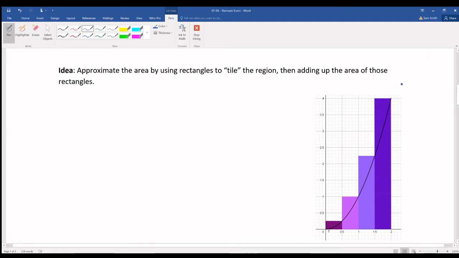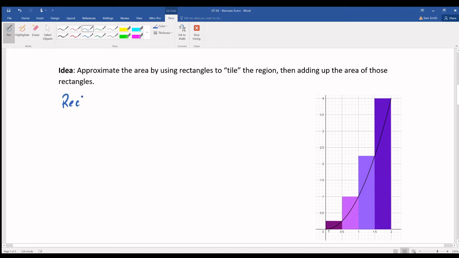Now suppose that we start out and we use only 4 rectangles to estimate the area here. Let's see what the estimate of the area would be if we calculated the area of each of these 4 tiling rectangles and added those areas up.